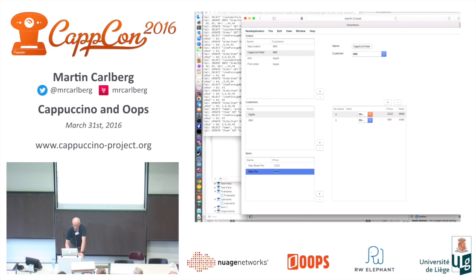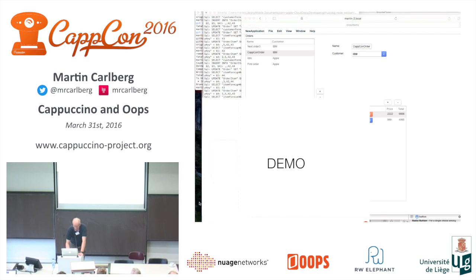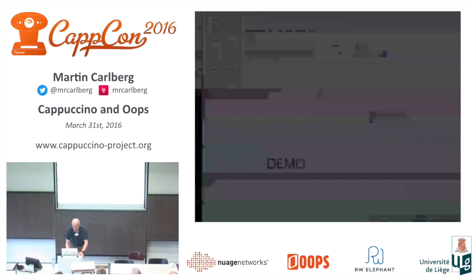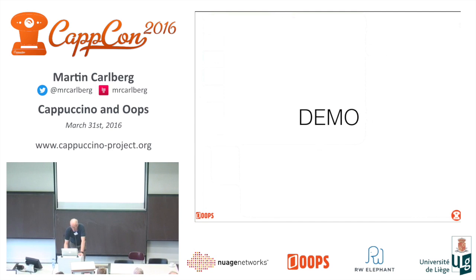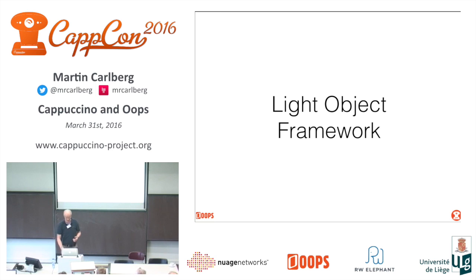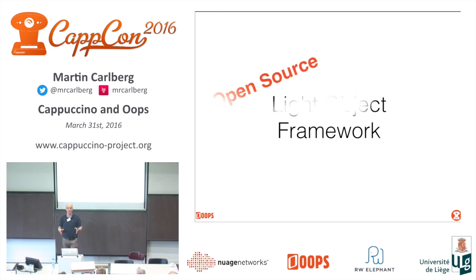Okay, I'm going to wrap this up. So that's the light object framework, and the city of Göteborg has allowed us to open source this framework. So it's actually available on GitHub right now.